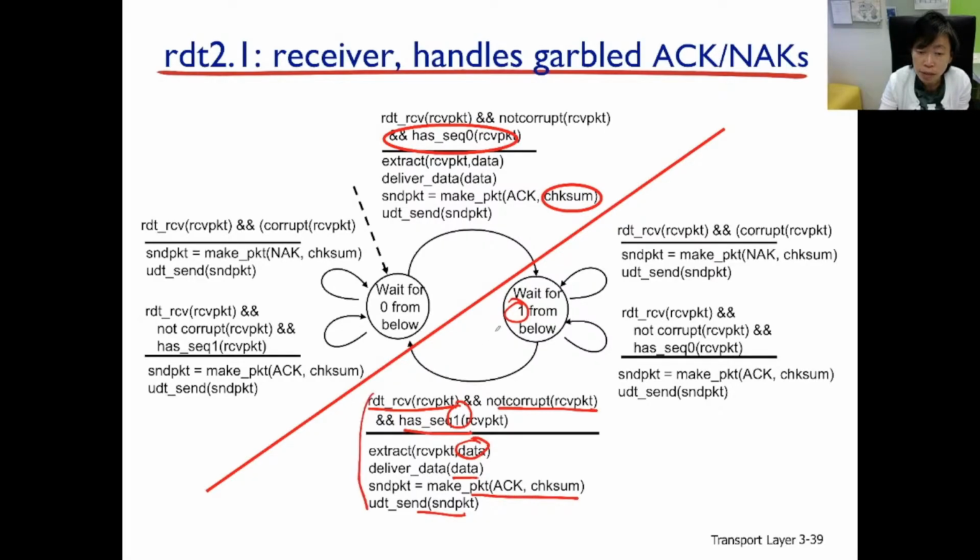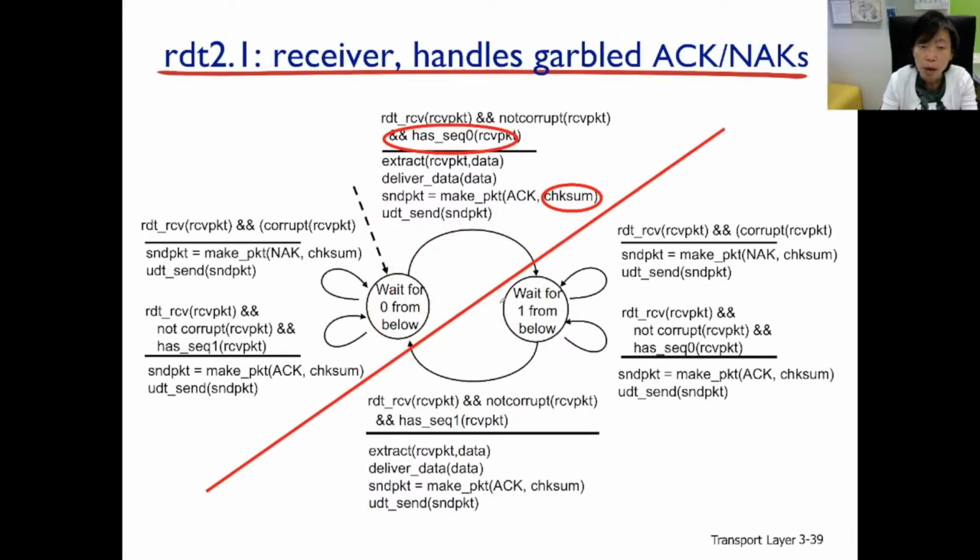Upon finishing all these actions, we take the transition, receiver here, go back to wait for 0 from below. If another packet comes in, not corrupted, carrying sequence number 0, again happy, take the transition, wait for 1 below. And this will go on and on. And when there's no data corruption, when there's no ACK/NACK corruption.